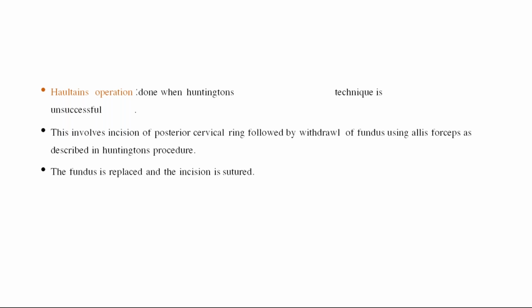When Huntington's technique is unsuccessful, we can go for Haultain's operation. Here the posterior cervical ring is incised and the fundus is withdrawn up with Allis forceps.